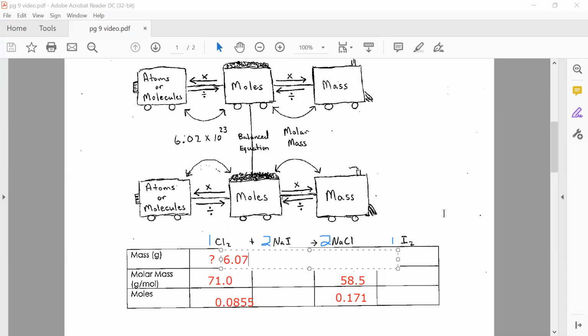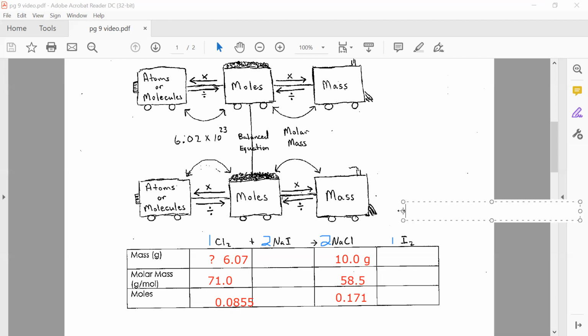If you get a problem and you end up using a chart style like this, you circle this and actually bring this answer out and then say 6.07 grams of Cl2. So your reader will know you're not just filling in boxes, but you understand your work and that you're able to answer the question right here.